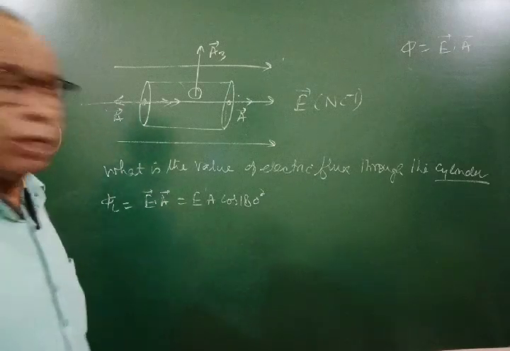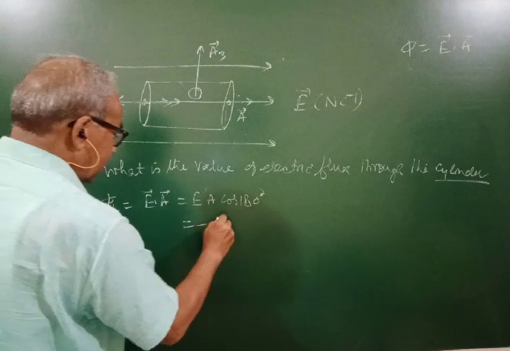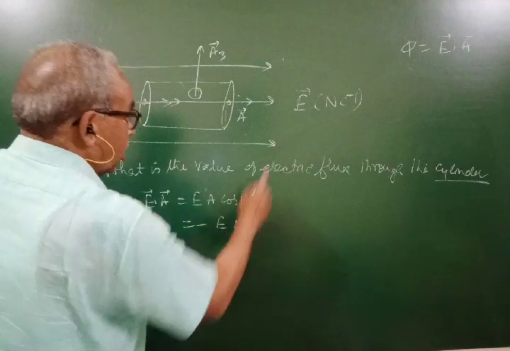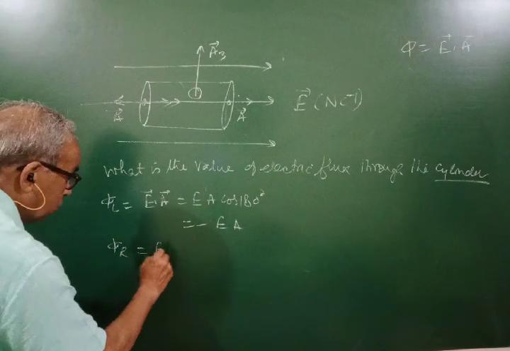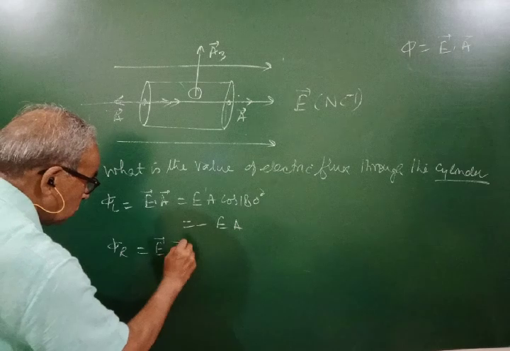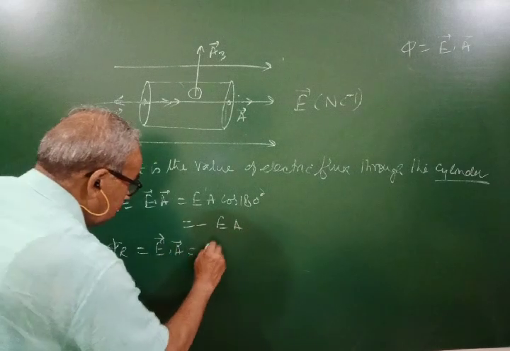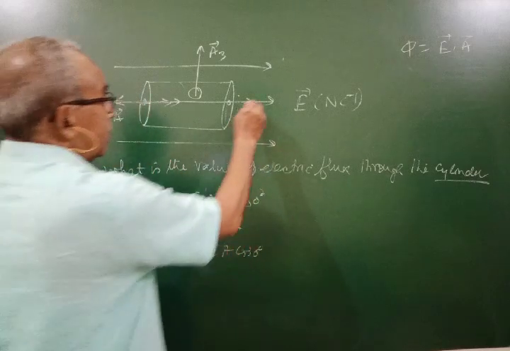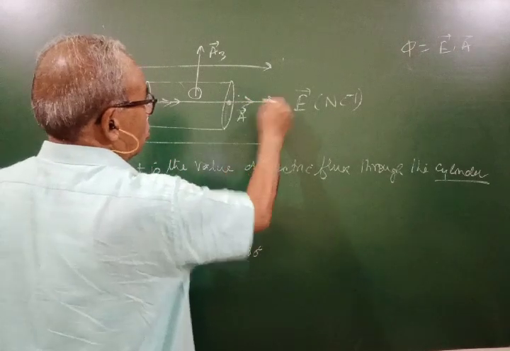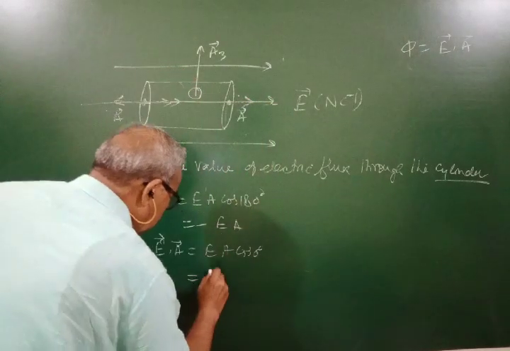Cos 180 is minus 1, so it is minus EA. Now phi right is also E dot A, that is EA cos 0. Why cos 0? A and E both are parallel, so it is plus EA.